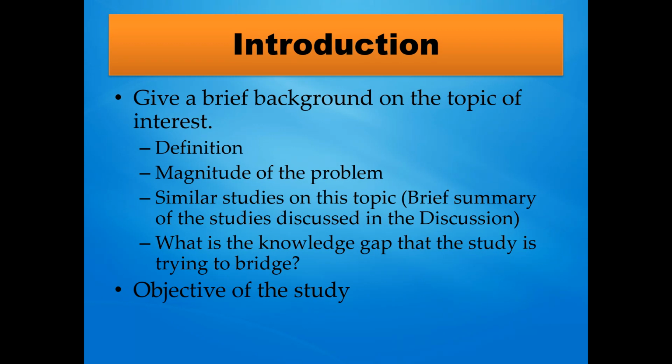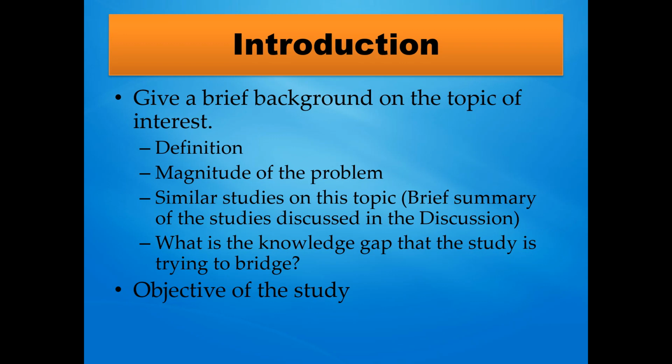Usually this might be a bit confusing to you, because as an author, when we write the manuscript, we actually construct the discussion first before we start constructing the introduction. So in the discussion you will have compared your result with the previous findings.